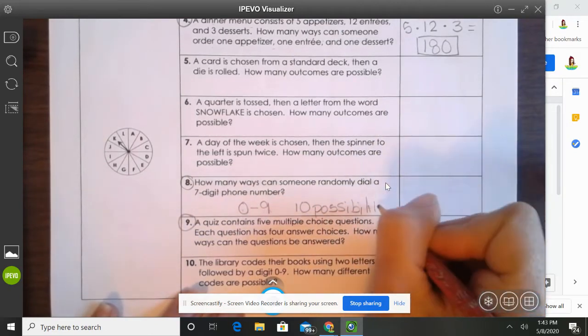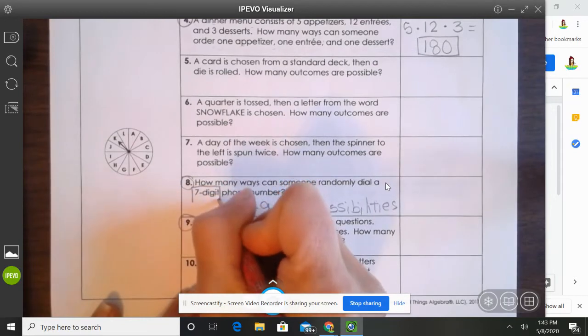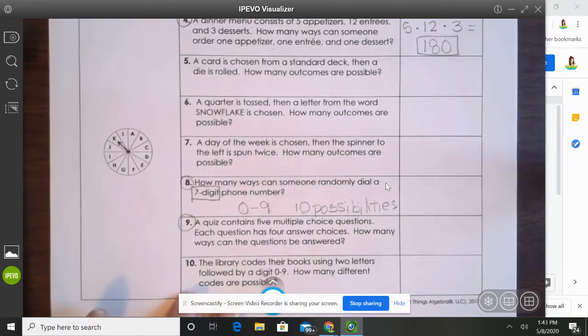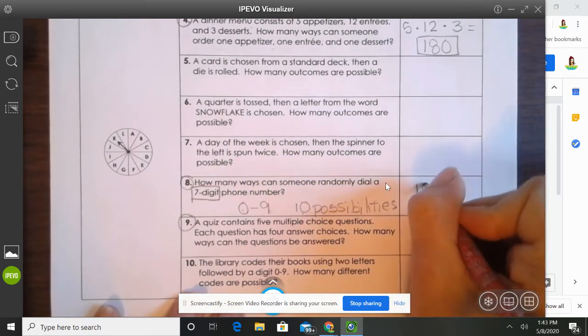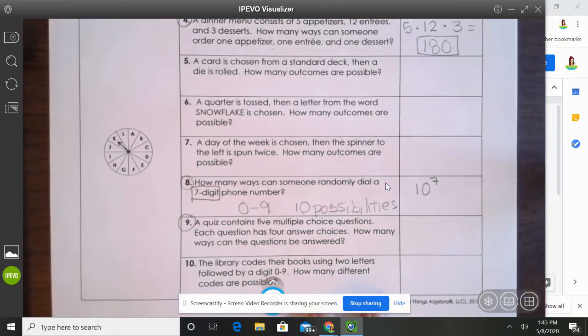And with a 7-digit phone number, you have 10 possibilities to the power of 7. If it's 8-digit numbers, then that would change to 8, right?